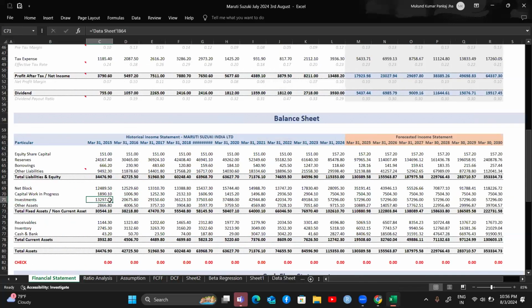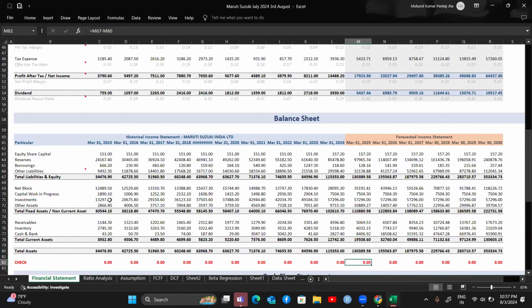So see, what we could have done is we could have also raised investments over here based on percentage of sales or percentage of total assets, but we didn't do that, just to make the model simple. Otherwise, if we keep adding percentage of sales terms or percentage of total asset terms, or adjusting every line item, those who are new to the modeling part would find it very difficult to get the balance sheet matched.